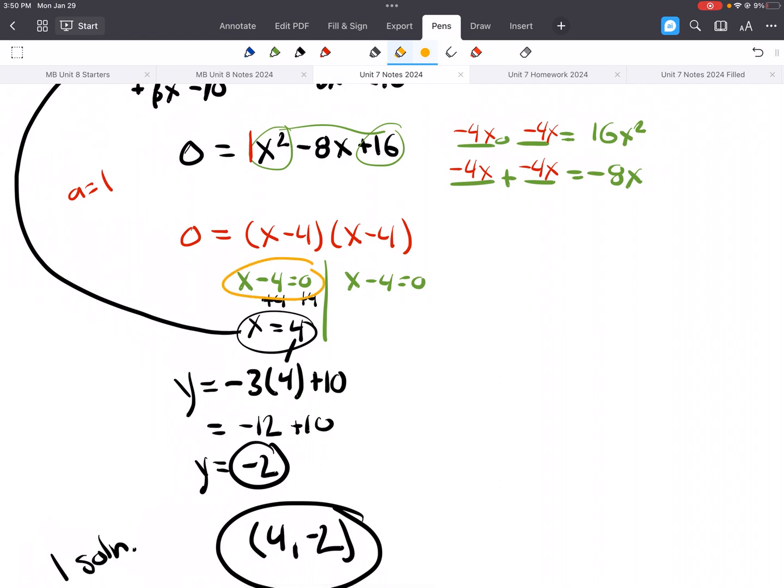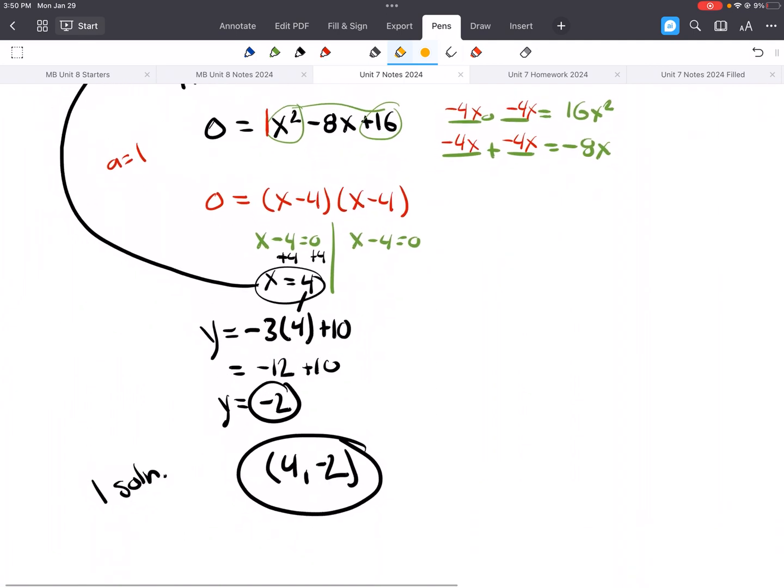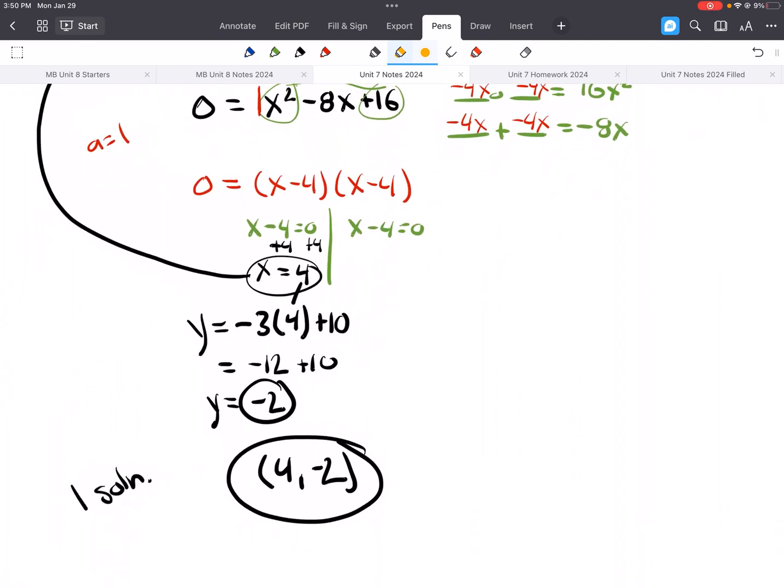So each of them have to be equal to 0. And we'll solve. So we end up getting x equals 4. AKA that's your x-intercept. And then we plug that into one of the two equations above to find y. Just do the one that you think is the easiest. And then from those x and y, that gives us our ordered pair.